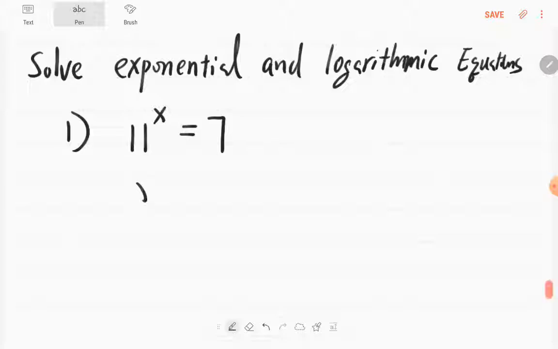That means x equals the log with base 11 of 7. Right? You can solve this one quickly.